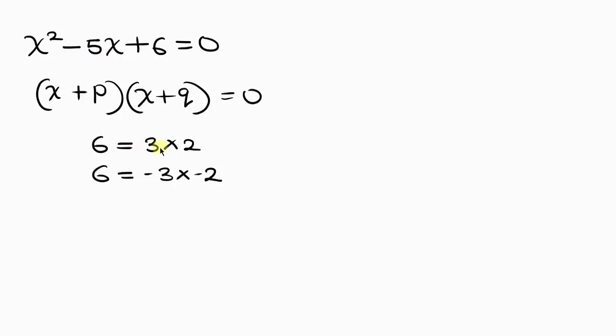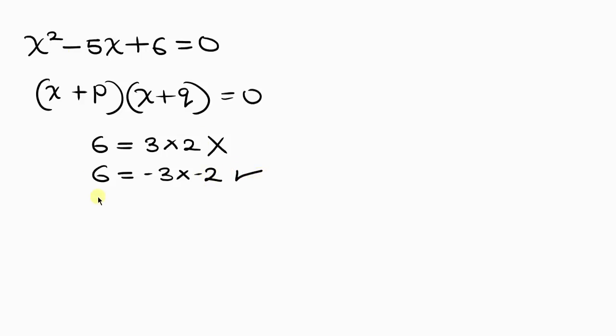When I add the first pair, 3 plus 2, that gives 5. That is not negative 5, so we're going to be rejecting this. Now, what about negative 3 times negative 2? Adding them, negative 3 plus negative 2 gives negative 5. So this is a tick.